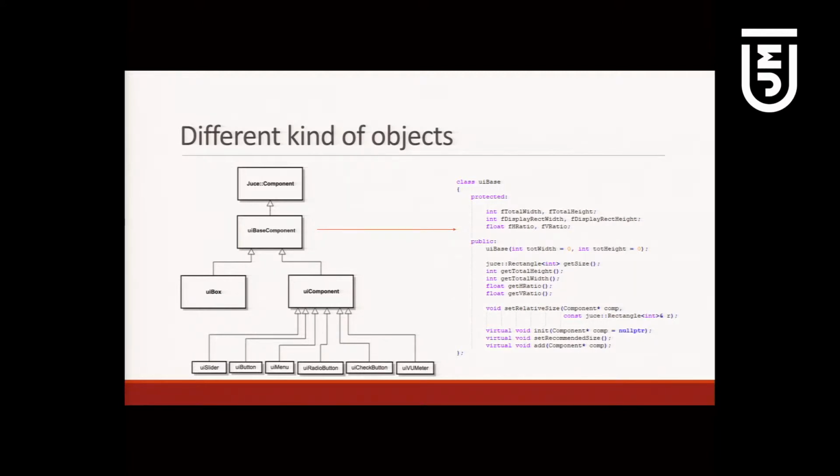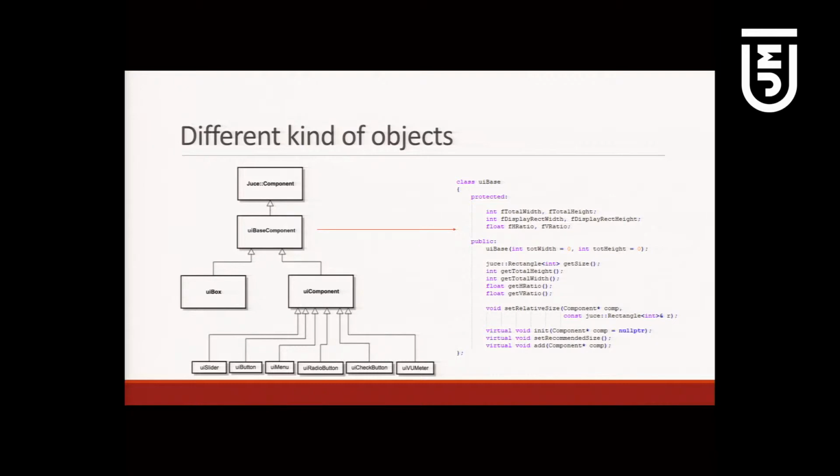We have a base component, which is there called UI base component, but now called UI base, which is defined by its width and height, and its display width and display height, which I will get to later. We have a logic of ratios, horizontal and vertical, to know how much space it occupies in its box. And that's pretty much it.